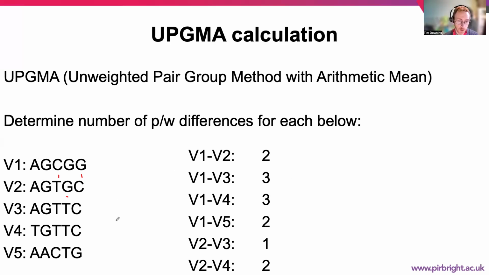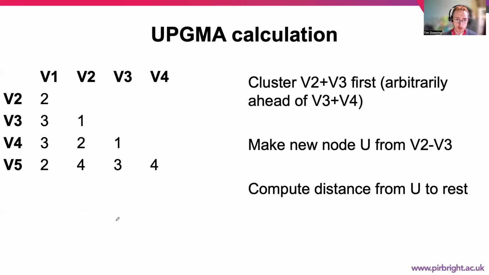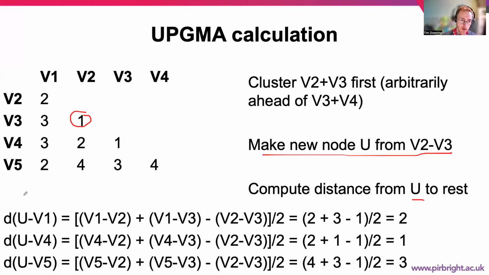So what we can do then is do that bottom-up clustering of samples 2 and 3 together. So we got V1 versus V2. We can make a new node U from samples 2 and 3 and compare that distance of U to the other ones. So we're writing here is D for U compared to V1.